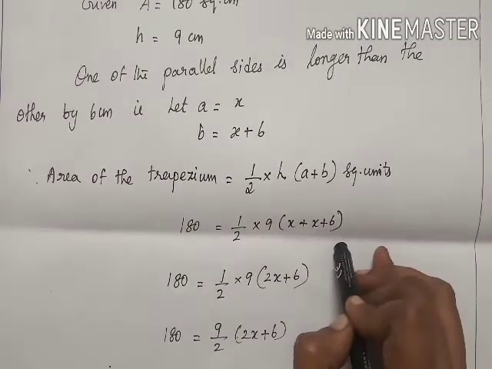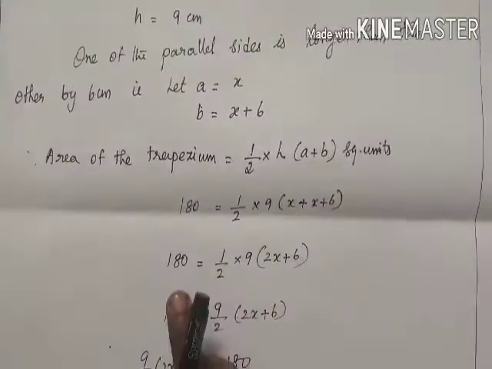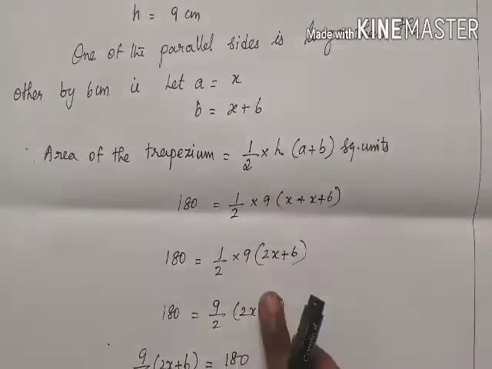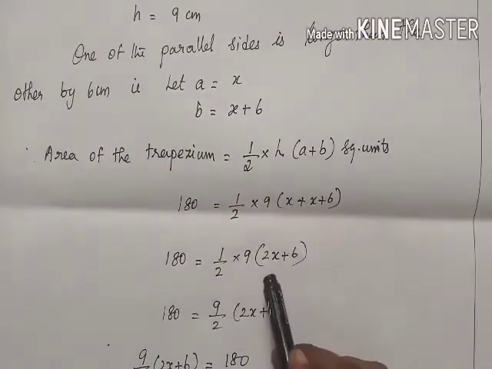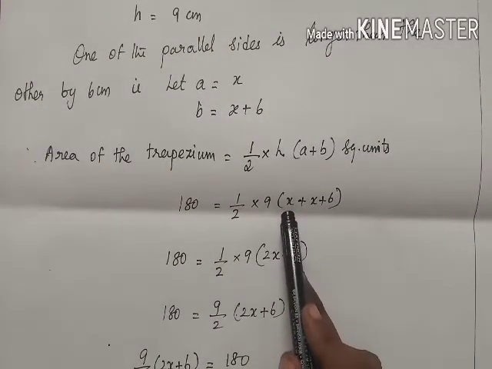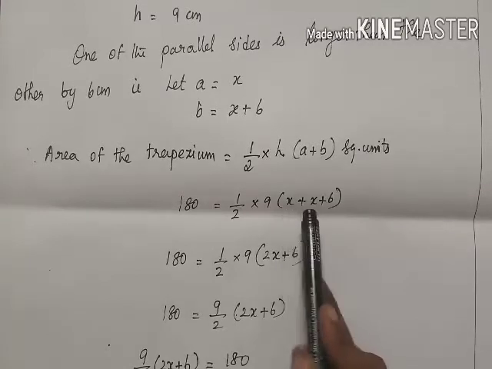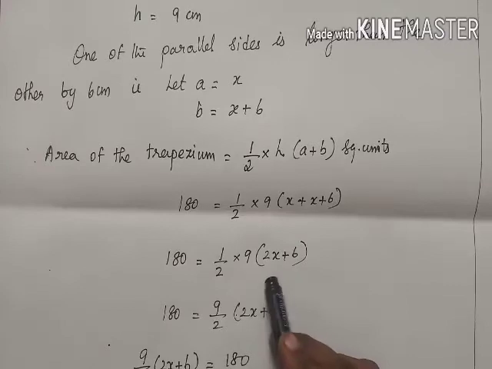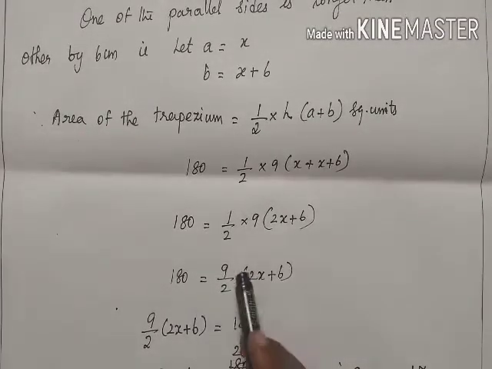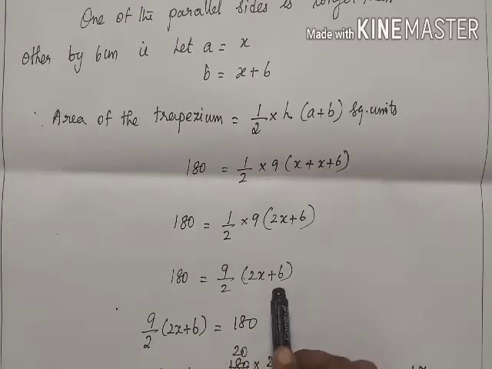This is 180 is equal to half into 9 into x plus x, which is 2x. In algebra we learned last year, like terms: x plus x, 1x plus 1x is 2x, 2x plus 6. That is 180 is equal to 9 by 2 into 2x plus 6.